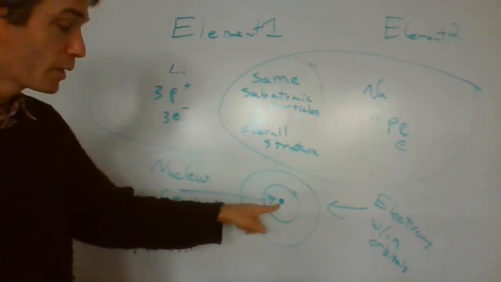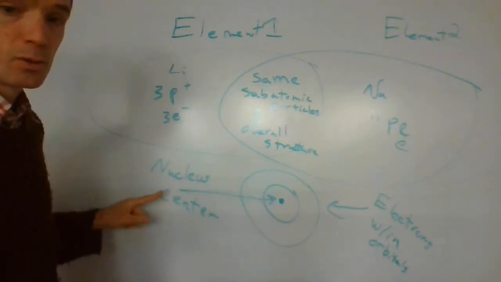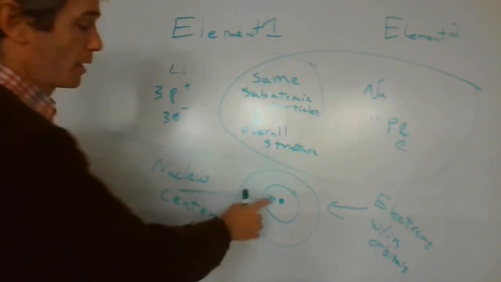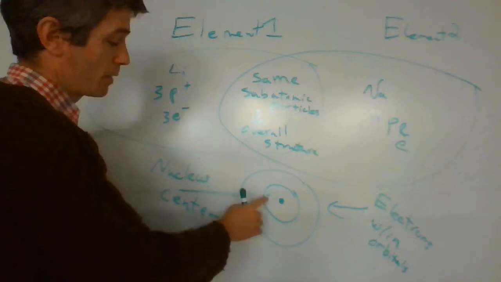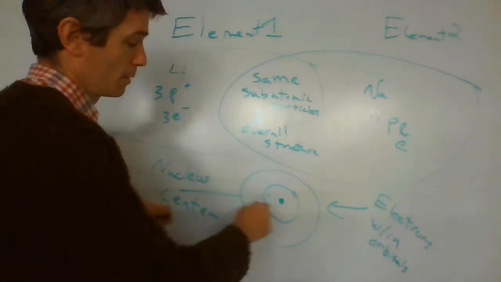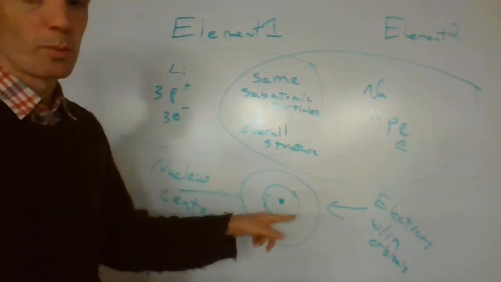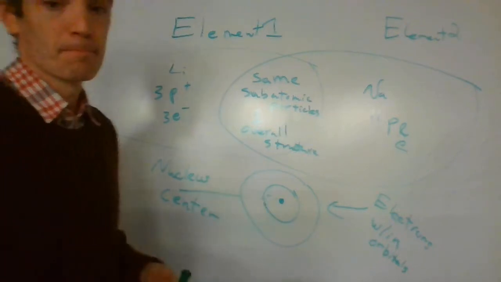All right, you've got a nucleus in the center. Nucleus, that's the center. And then you've got electrons within orbitals outside of this nucleus.